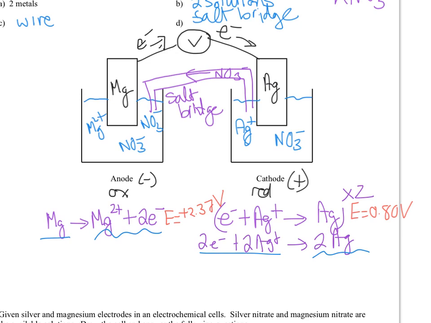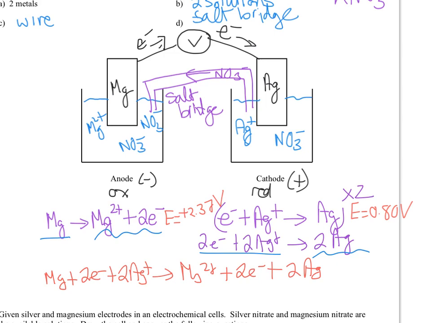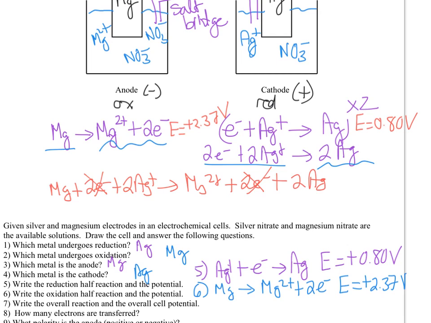So that would be Mg plus 2 electrons plus 2Ag+ yields Mg2+ plus 2 electrons plus 2Ag. If you did it right, you always cross out your electrons. So Mg plus 2Ag+ yields Mg2+ plus 2Ag.